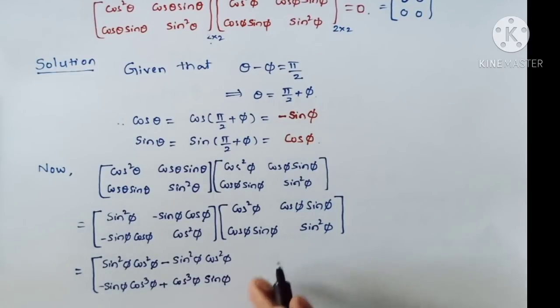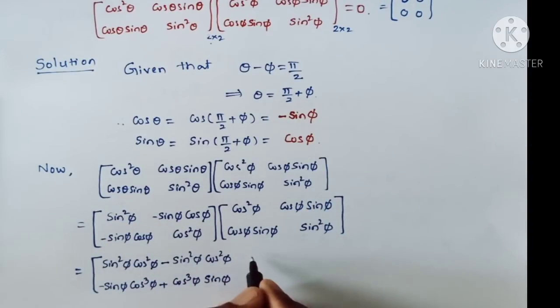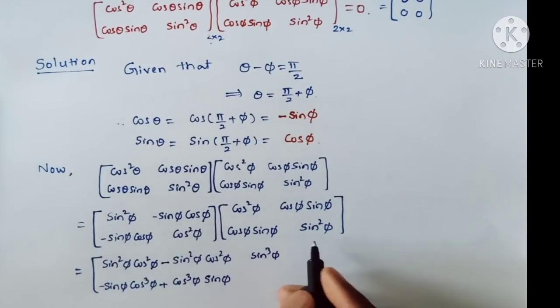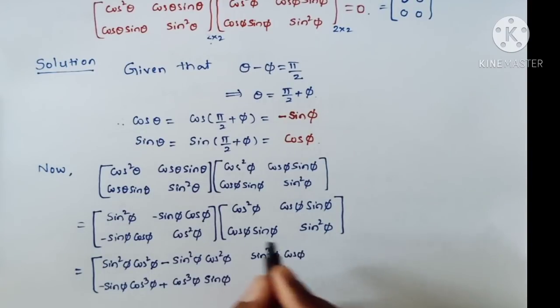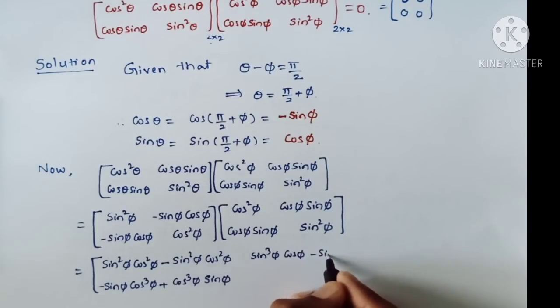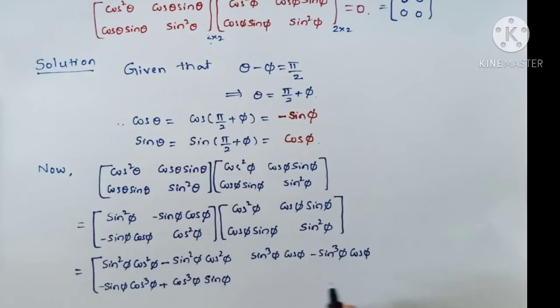And to get the second column of the resultant matrix, multiply the corresponding elements of first row with second column and second row with second column, that is sin square phi into this, that is sin cube phi into cos phi, and minus sin phi cos phi into this, that is minus sin cube phi into cos phi.